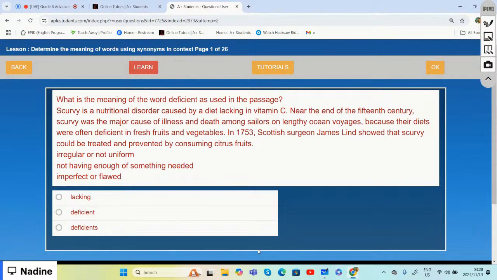Scurvy. We need to find the synonym of the word deficient.